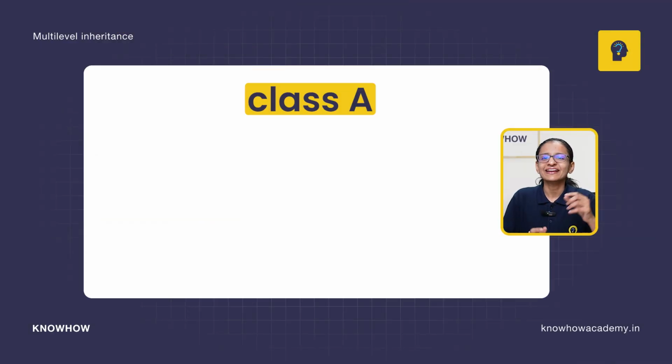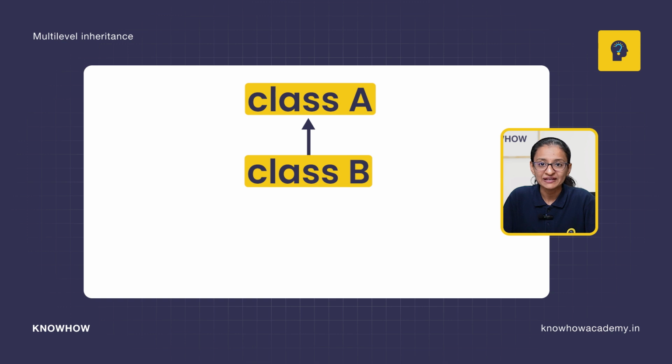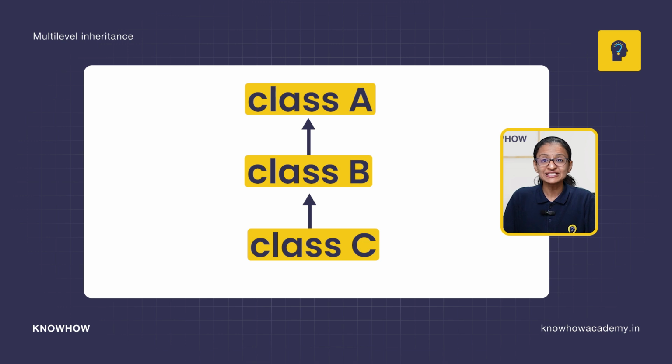Assume that this is class A, which is a parent class of class B. Now here class B is also a parent class of class C. This way you can say that a level is created. So class A is at the top of the level, class B is at the middle of the level, and class C is at the lower side of the level. So this is the technical idea behind multi-level inheritance.